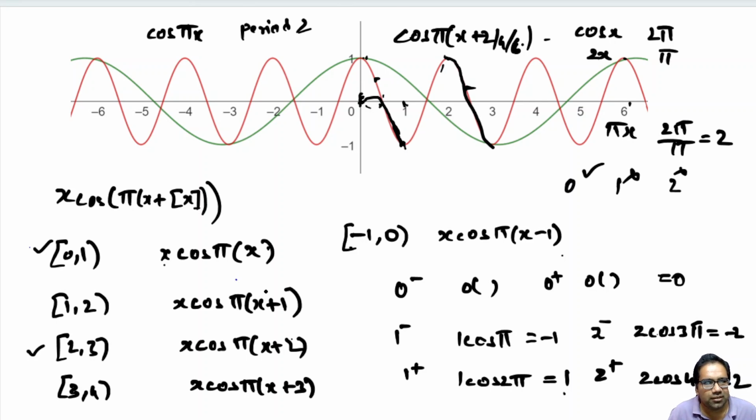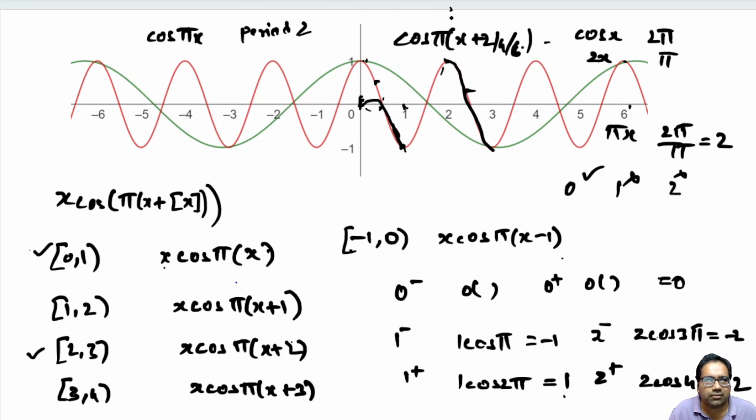X cos pi x. Now what about 2 to 3? It starts with 2, right? It starts with 2 times 1. That is somewhere 2 here. And it ends with 3. 3 times minus 1, it becomes minus 3 here.